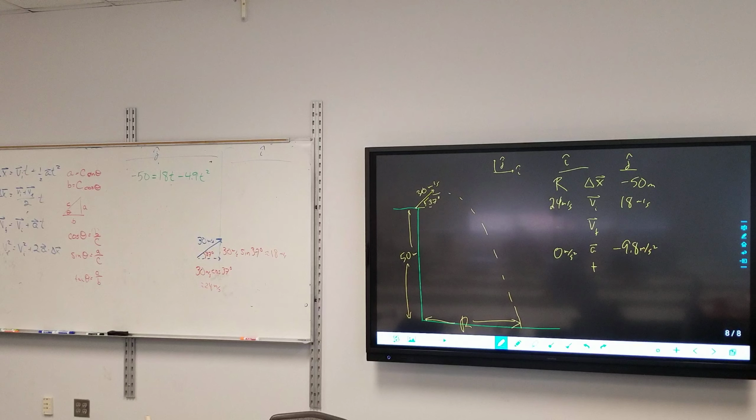So 4.9t squared minus 18t minus 50 equals 0. t equals 18 plus or minus the square root of 18 squared minus 4 times 4.9 times negative 50, divided by 2 times 4.9. There are two answers. What are both of them?